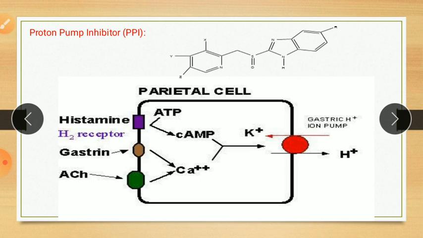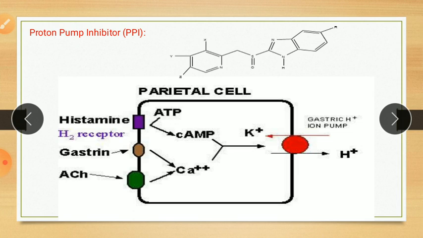Thus inhibition of this proton pump acts beyond the site of action of secondary messengers, that is calcium and cyclic AMP, and is independent of the action of histamine, gastrin and acetylcholine. Thus acid pump inhibitors block both basal and stimulated acid secretion.